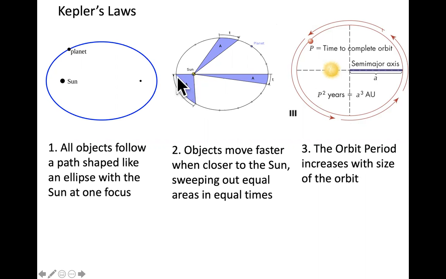The second rule says that as the planet goes around the sun, it sweeps out equal angles in equal times. And the third rule says that the total time it takes the planet to go around the sun is set by basically the size of the orbit in a particular way. Now, there's a lot of jargon here. We'll try to demystify each of it.